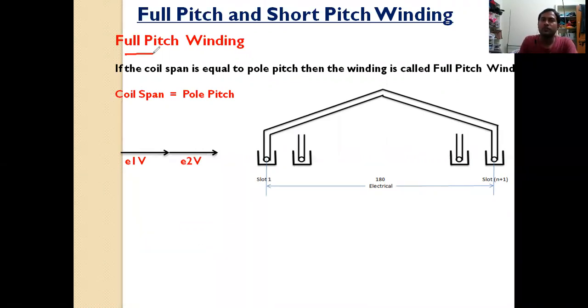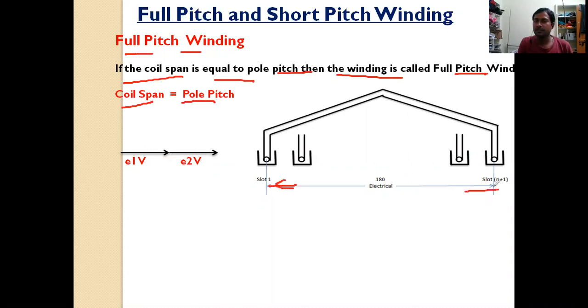Full pitch winding is where the coil span is equal to the pole pitch, which I already discussed. Between these two is the coil span, that is 180 degrees, and this is the north pole and this is the south pole. We can call this the pole pitch also.